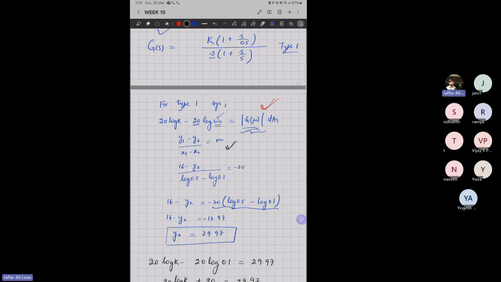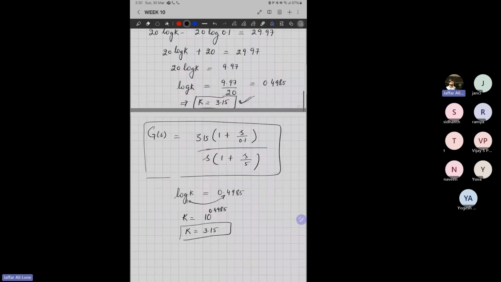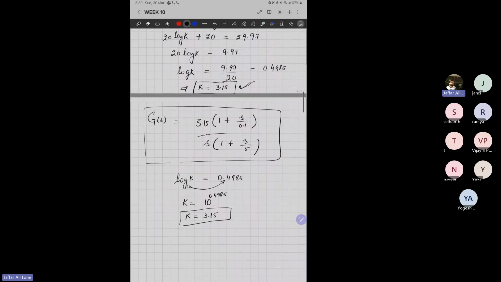The slope will be given, and accordingly you'll get either the magnitude or the corner frequencies, whatever is missing. Then you can proceed. So this is the required transfer function in time constant form. Again, you can convert this and write it in the standard form.